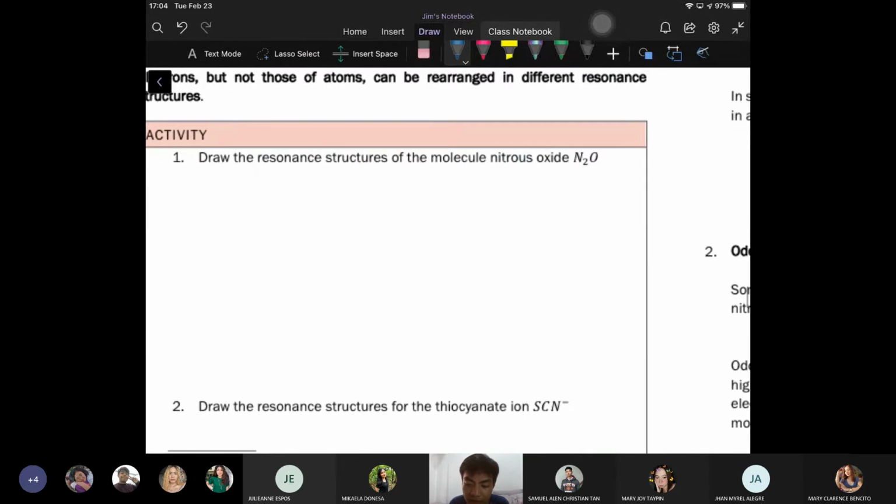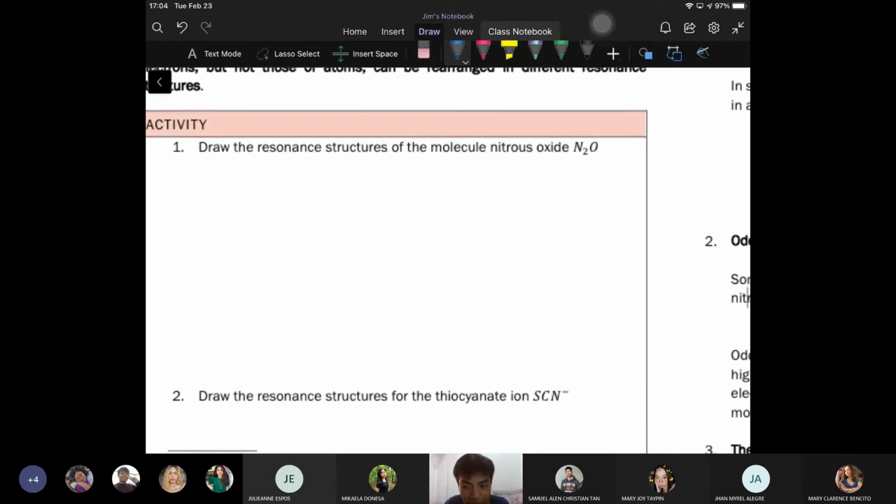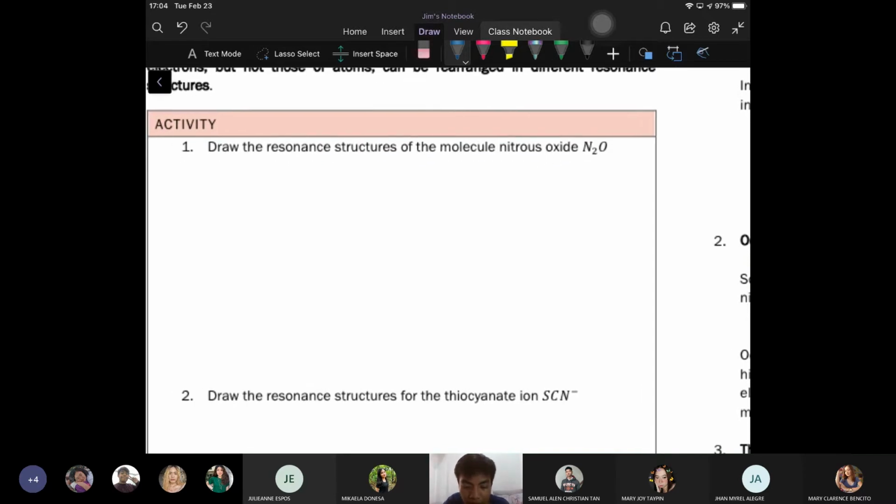Let's draw the resonance structure of the molecule N2O, nitrous oxide. So, ano yung gagawin mo muna? NASU rule. Needed: nitrogen and oxygen are in the P block, so that means 8 electrons each. That will be 8, 16, 24 electrons.